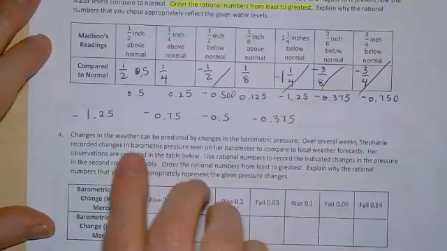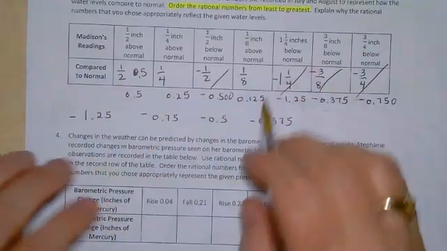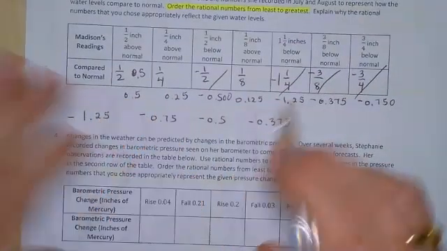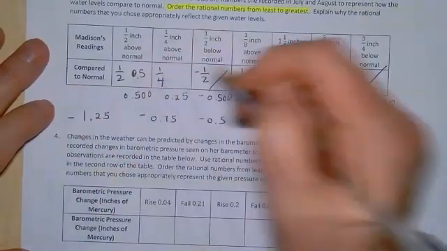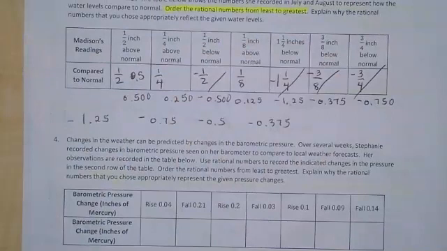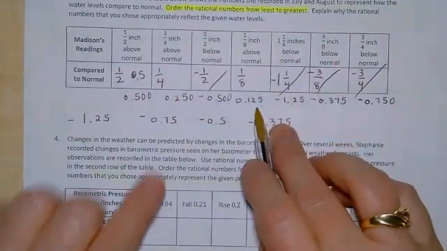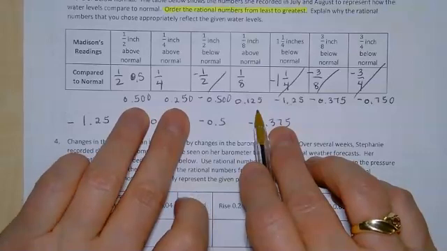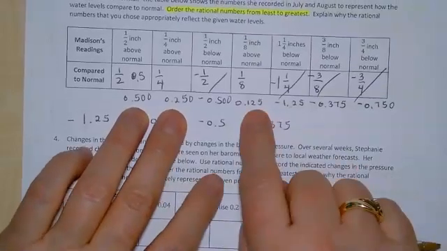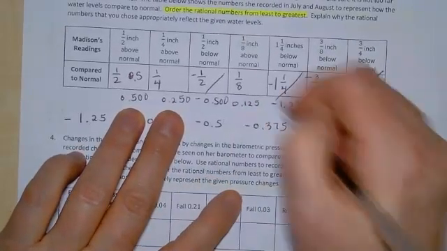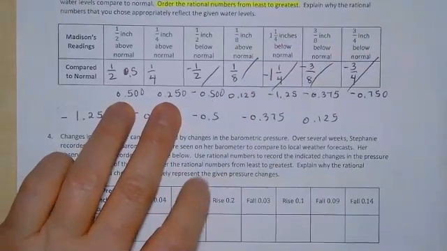Okay, now I've got these positive numbers left. So again, make them all hundredths. 100, 250, or 500. Which is going to be next? And I've got these two left.